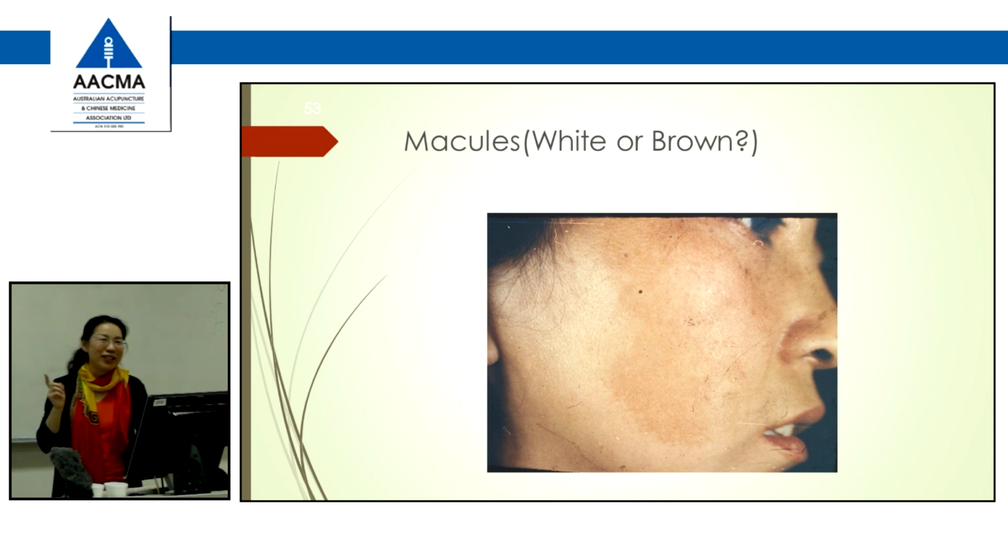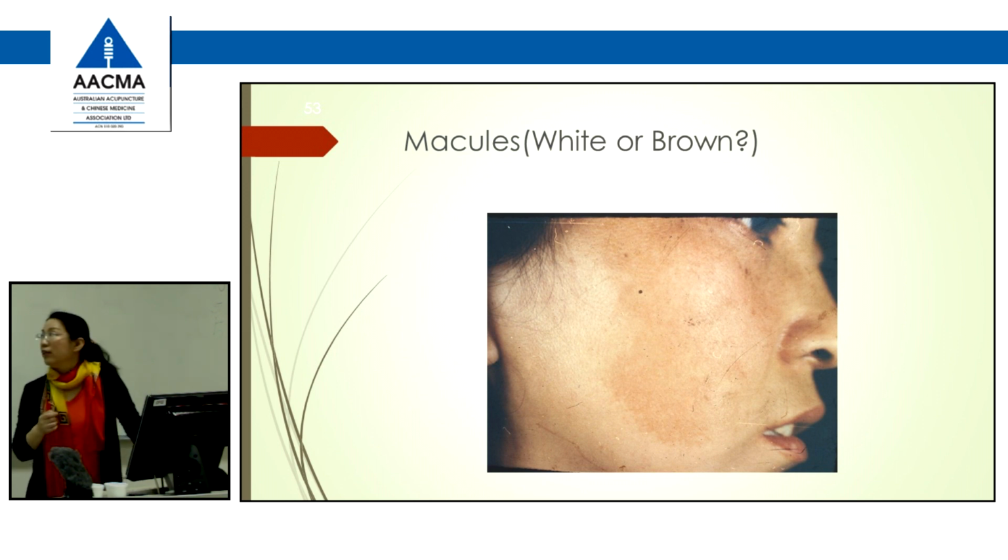Why do I ask this question? A friend of mine called me one day. Oh, I've got vitiligo. She told me she got vitiligo, and I asked her how long.